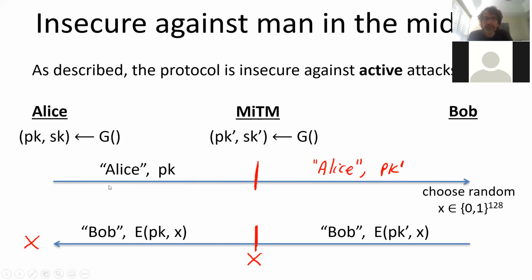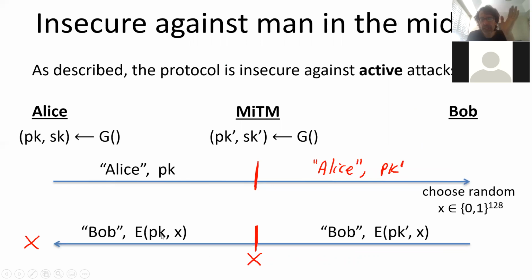What they have to authenticate is the transcript: Alice had a public key, Bob sent a certain ciphertext, and the attack definitely requires the attacker to replace the public key with a new one. So if this part of the transcript was authenticated to Bob, then this attack would be impossible.